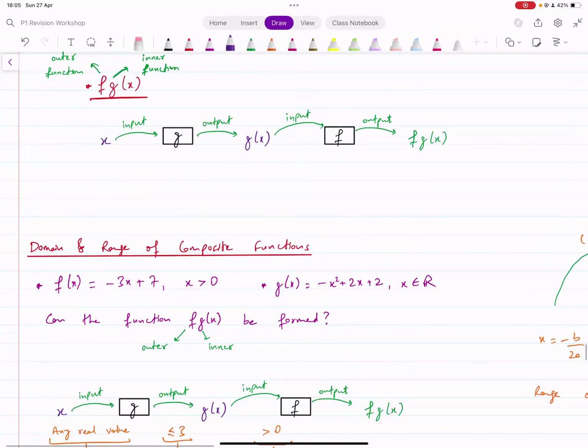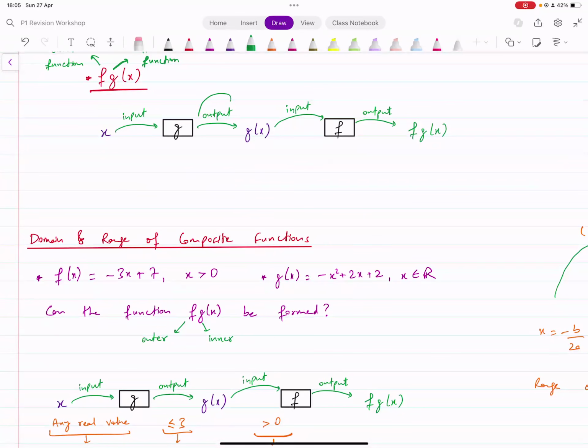For this to work, the range of function g, since that has to go as an input to the function f, it should be possible to input all possible values from here in the function f, otherwise the function would break.